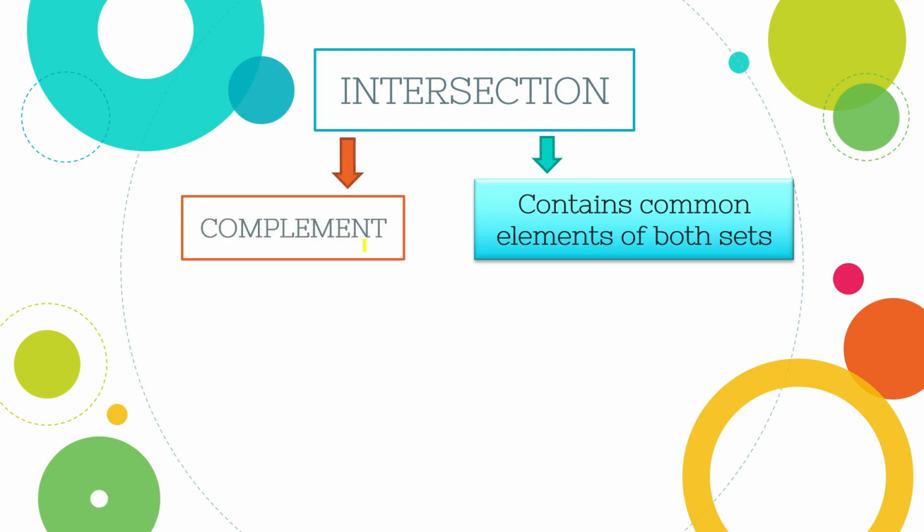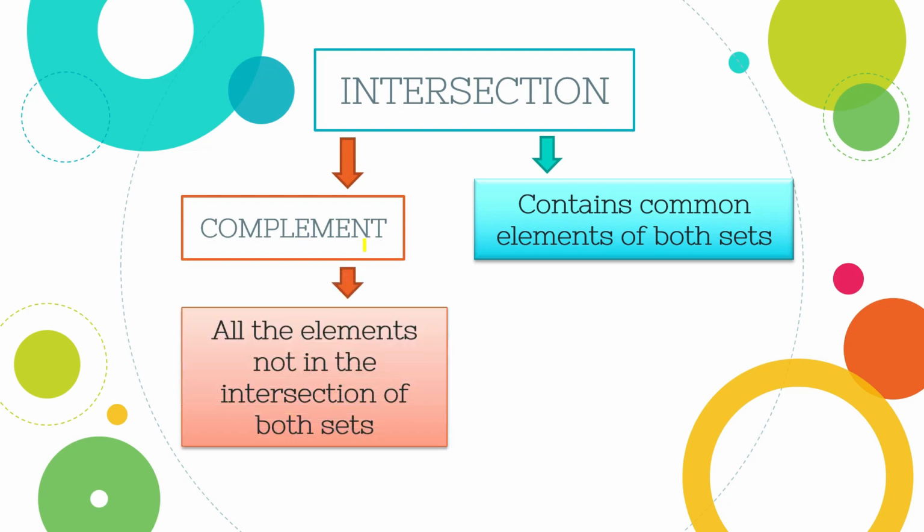Meanwhile, the complement of the intersection is all the elements not in the intersection of both sets. Okay, intersection adalah elemen yang ada pada dua-dua set, manakala complement intersection adalah semua elemen yang bukan intersection set. This is the difference between the complement and the intersection.